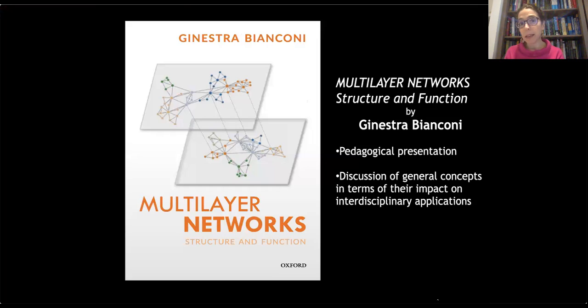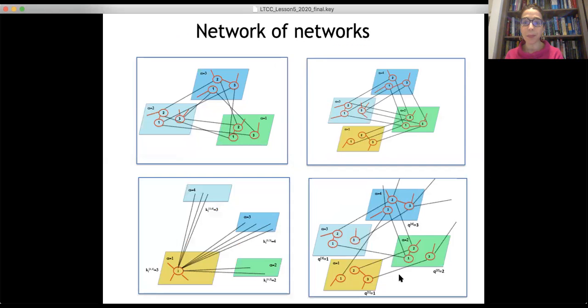In this book that I published recently by Oxford University Press, you find a kind of pedagogical presentation. The first two chapters are just devoted to single networks, but then the rest of the book covers quite comprehensively the active research that has been done in recent years in multi-layer networks.